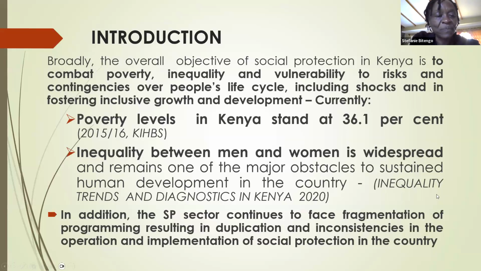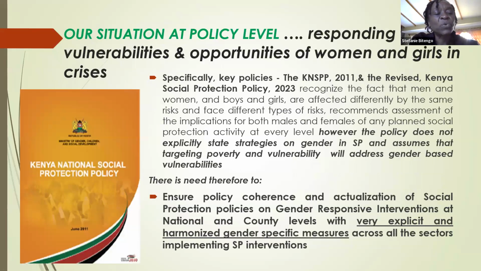Next slide, please. So yes, looking at what our situation looks like, and I thought looking at different levels in terms of addressing issues to do with women and girls, dealing with risks and vulnerabilities, I thought, what does our policy say?